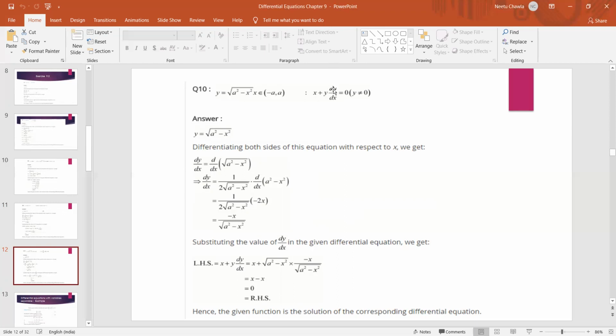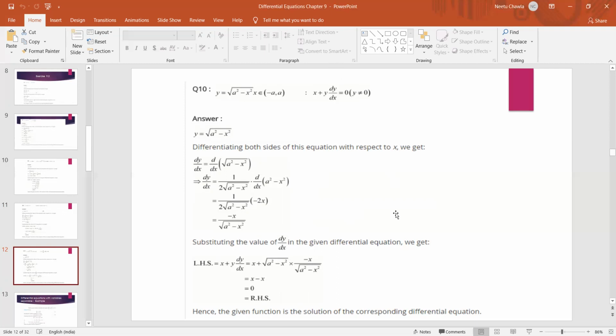In the given equation, we are putting this value, minus x upon under root a square minus x square. We had substituted x plus y, and these two terms are cancelled. So we are getting x and minus x, which are again cancelled. I am getting 0, which we were supposed to prove.